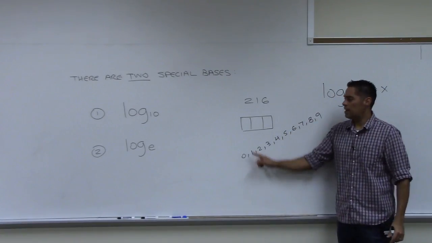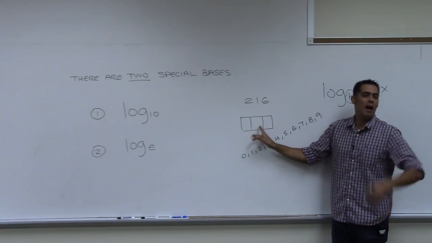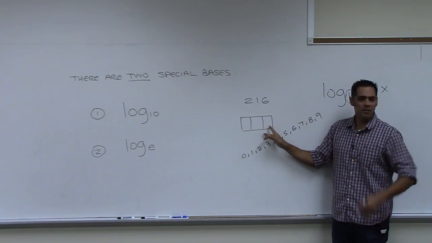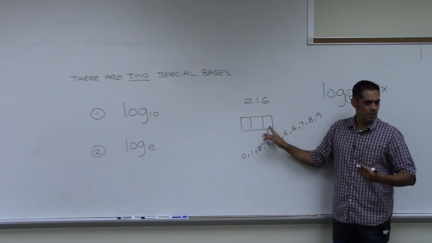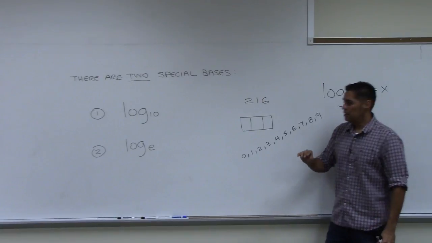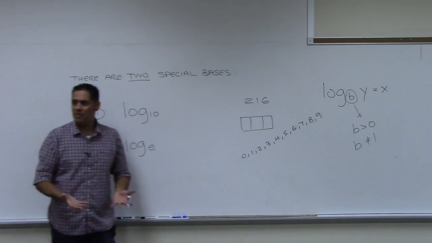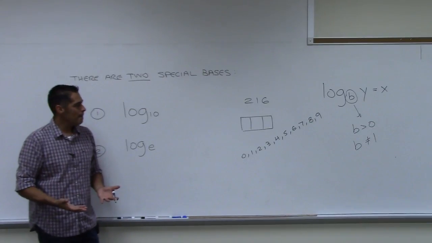Those are the only numbers I can put here, right? Then here, I get 10 numbers to choose from. This one, 10 numbers to choose from, right? So the digits of every number can only come from 10 possible numbers.